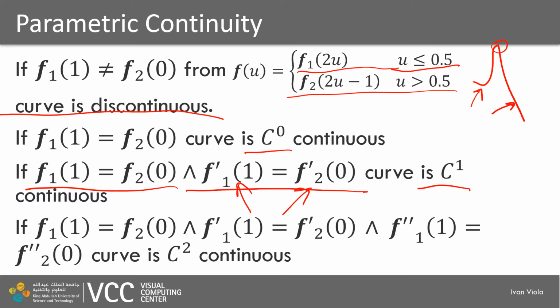And if that holds, and in addition we have continuity in the second order derivative, then we will be talking about C2 continuity. So it is continuous also for the second order derivative. And we can go further and further, and the more continuity this curve has across this connection point, the smoother the curve will be.